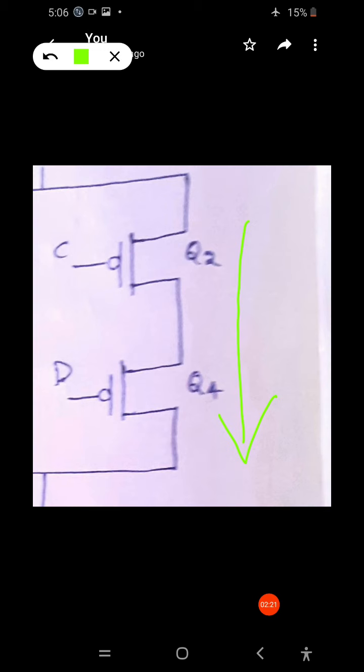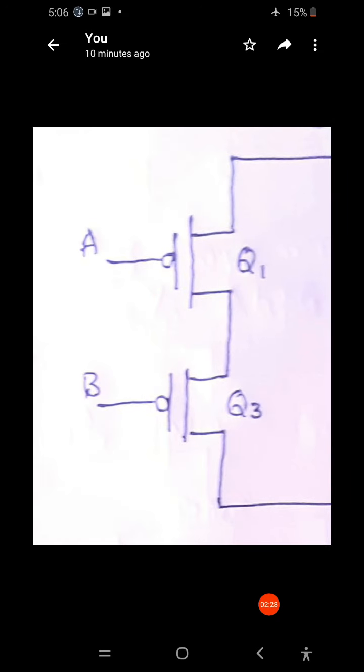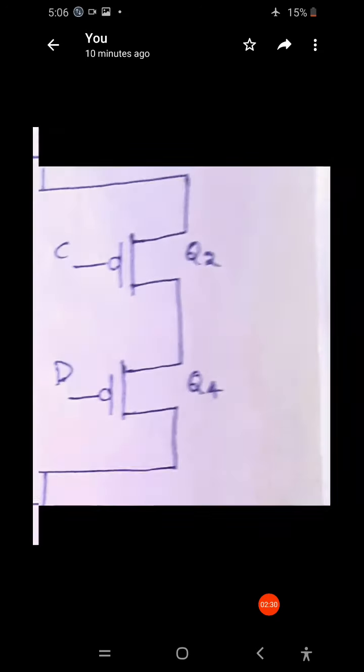Here both AB and CD are connected in series because these are the PMOS transistors, right? I'm taking all of A, B, C, D and connecting them in this way. All these are PMOS transistors, and this one is the pull-up network. The pull-up network has PMOS transistors.